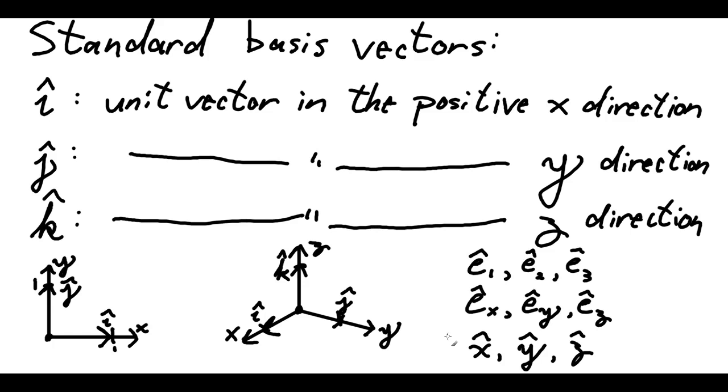So you would need some way to indicate that you mean specifically the unit vector in the x direction. But because of that clash with other vectors, I don't really recommend using that. Just be aware of it because it does show up from time to time. I've seen it on Wikipedia a couple of times, for instance, when I'm checking on some topic or another. So if you see something like that, that's probably what they're talking about. But for our purposes in this class, we will exclusively use i, j, and k.